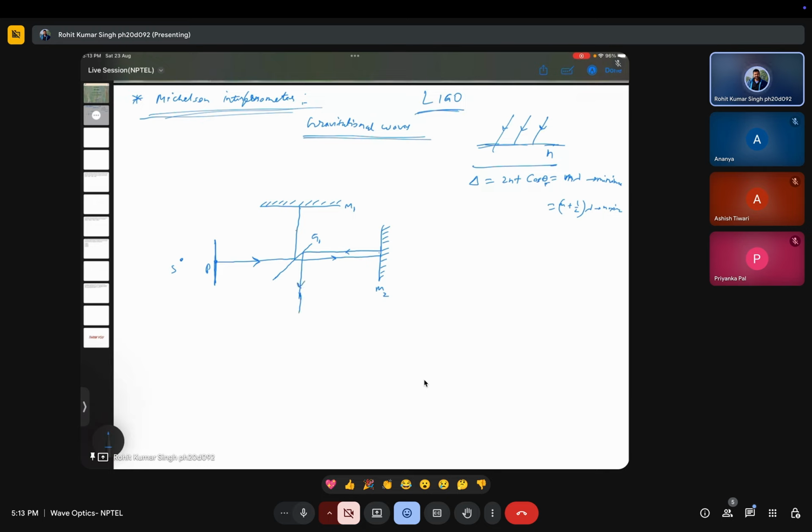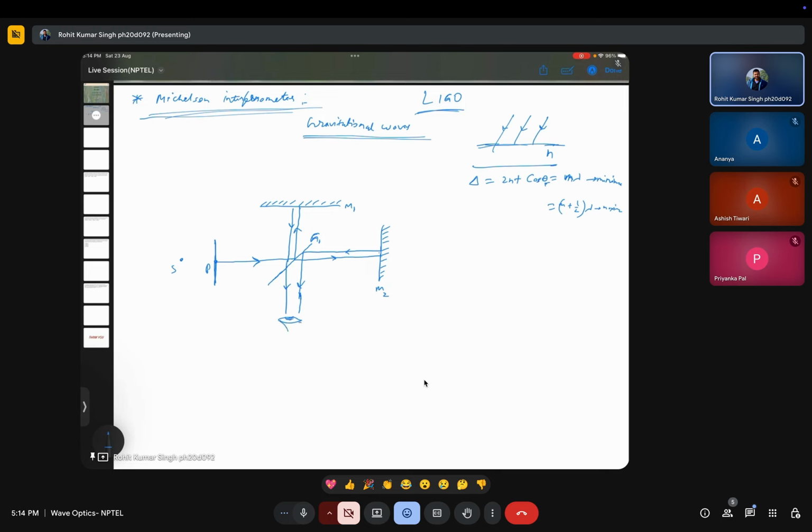The light going towards mirror M1 also gets reflected like this, and let's say it transmits through this half silvered mirror, and here you are observing.